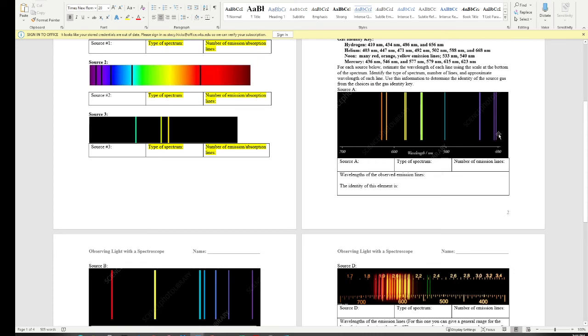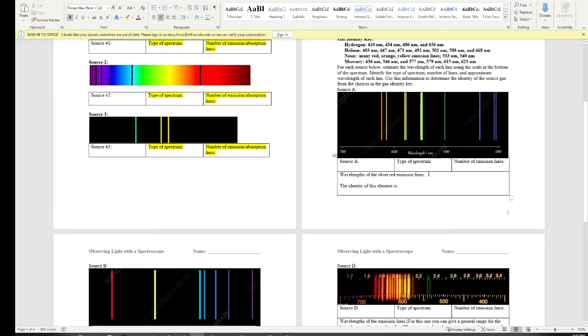But if we look at this first violet line on this side, this is maybe about 405, 410 here. Then you're getting up toward 425, 430, something like that for this one.